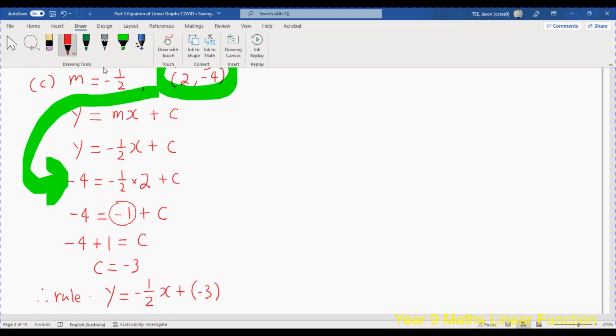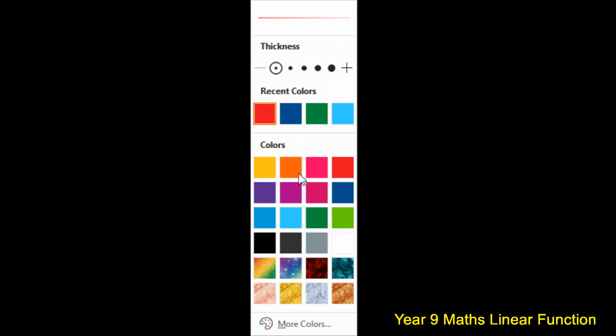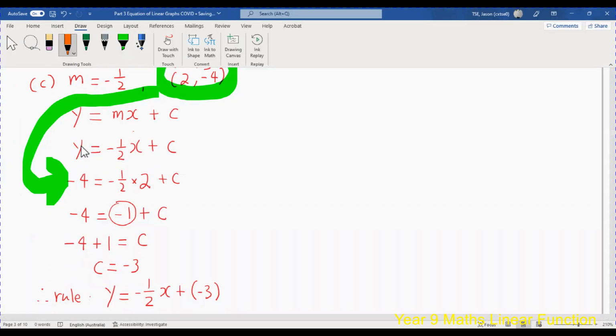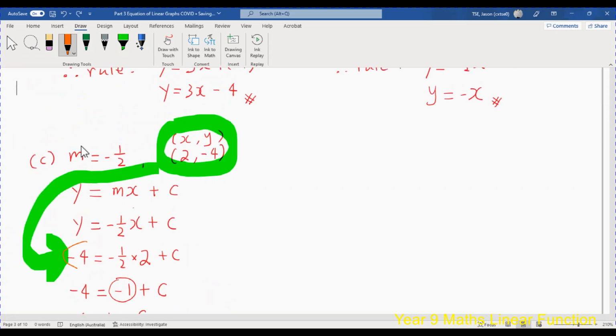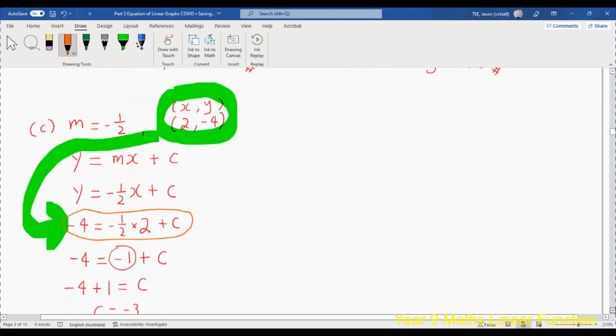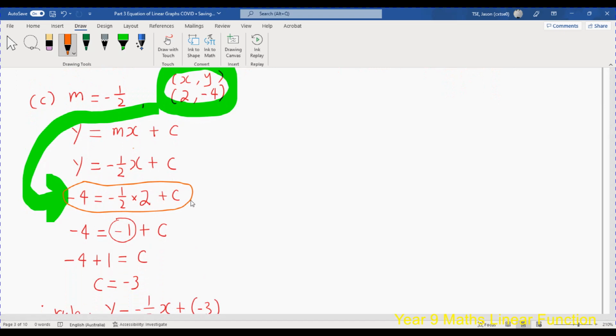Let's go back and repeat some of the working here. Like I said, which step is the most important step? Sorry, I made a mistake, it should be this one. Remember, what we are looking for is to find c, but you don't have any direct information on c.